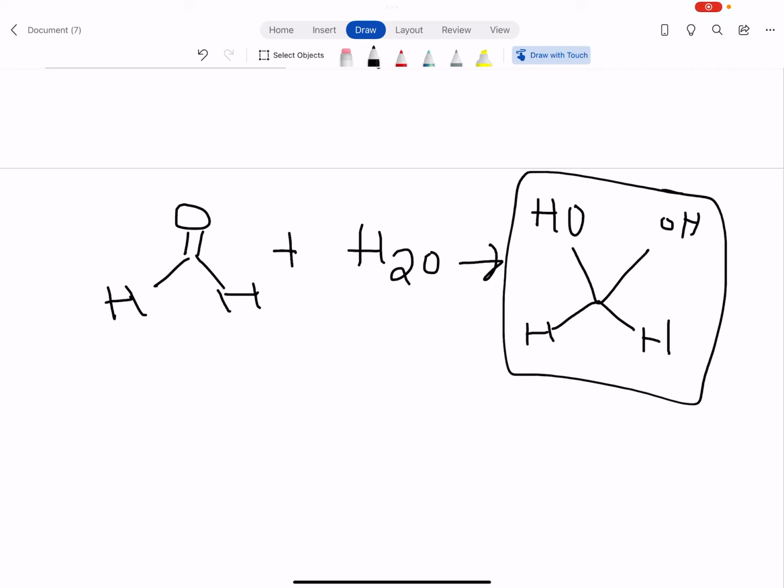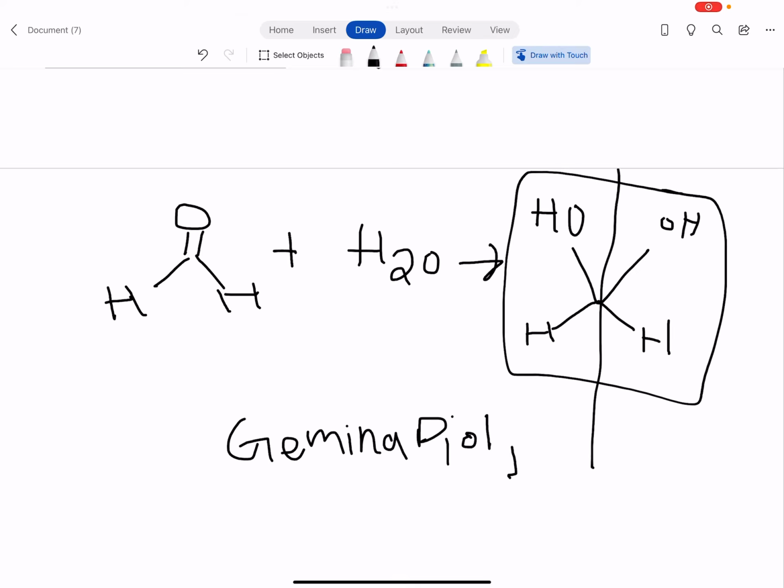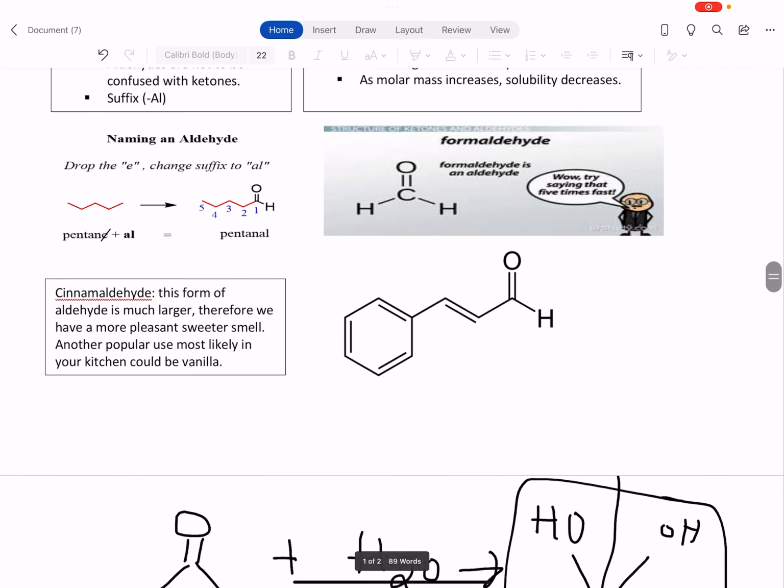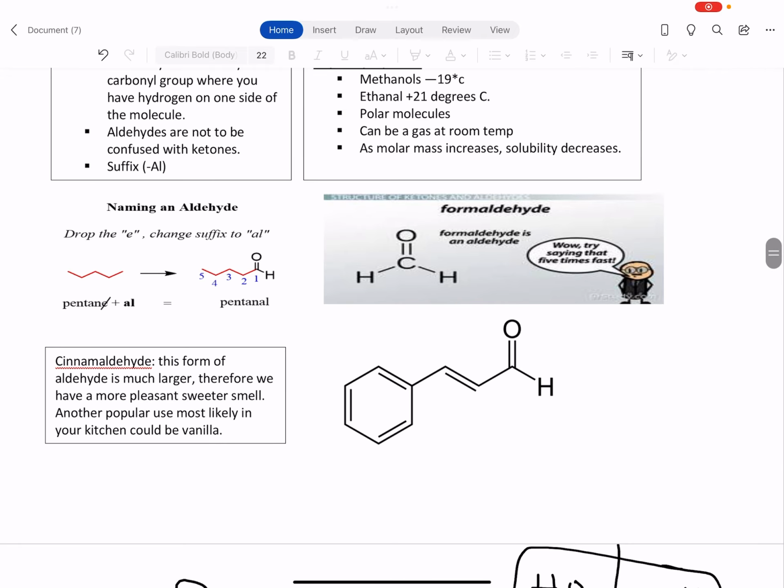This molecule is going to be known as a geminal diol. This might be more complex for the beginner, but it's called a gem-diol because of the Latin word for twins. We can see this molecule has two identical groups, it's balanced on each side, and the atoms are very strong in this reaction.